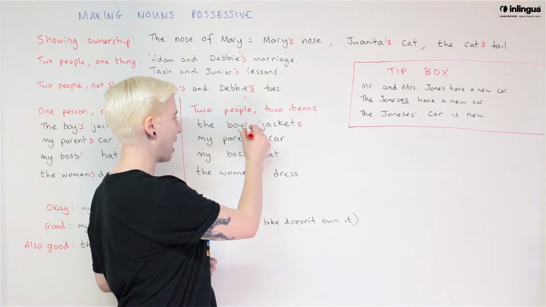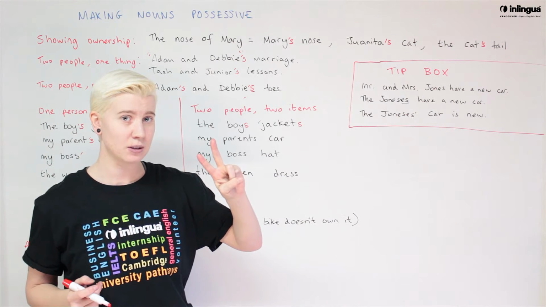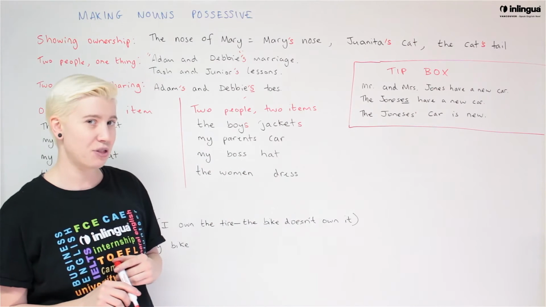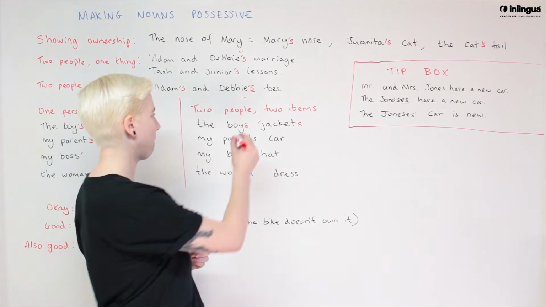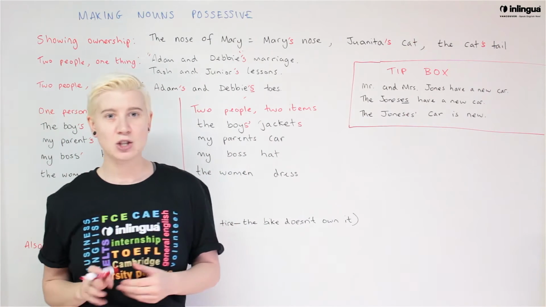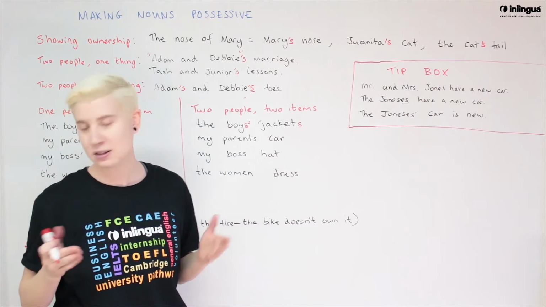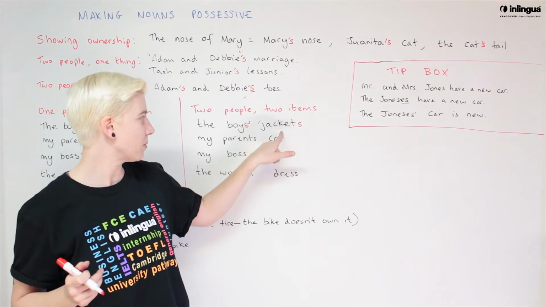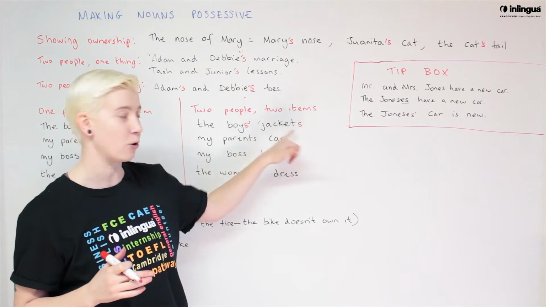So we have to add an S, so we know there are two boys or more. And now we have to make it possessive. So how do you think we can make this possessive? The boys' jackets. We can just add the apostrophe on the outside, and then we know the boys, two or more, and their jackets. Possessive and plural.